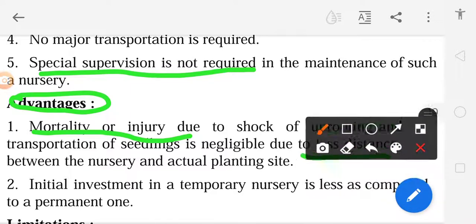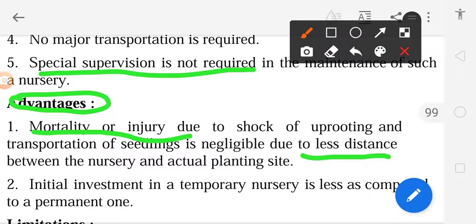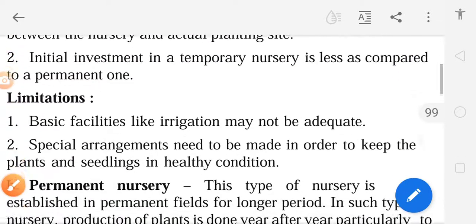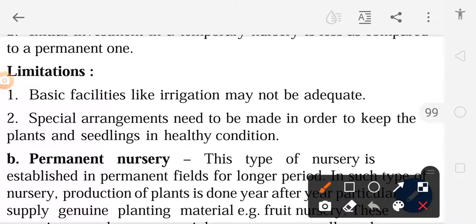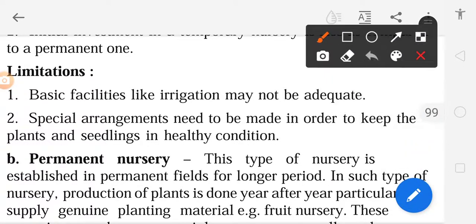Then in this case, the initial investment is also very less as compared to the permanent nursery.